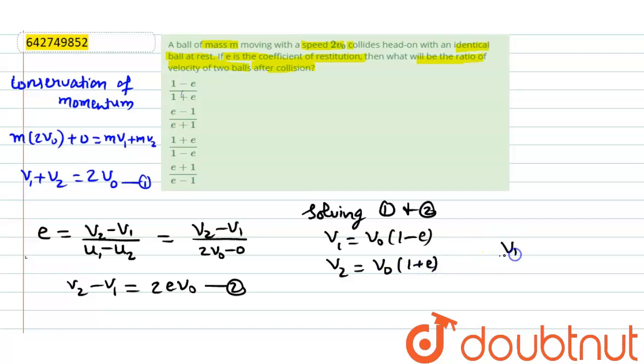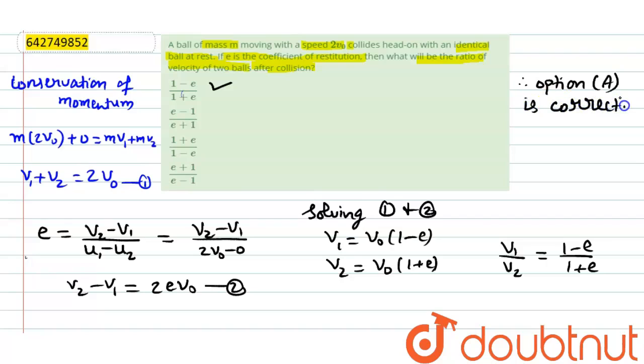So therefore the ratio of velocities after collision is v1 divided by v2 equal to 1 minus e divided by 1 plus e. So we can say that option number A is correct. Right?